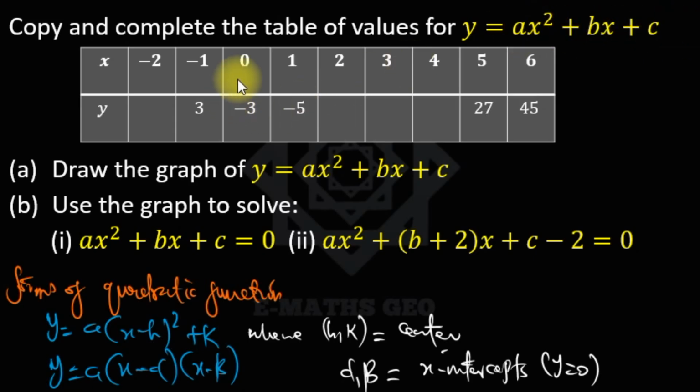If we choose x equals 0, y is minus 3. You see that y is minus 3 when x is 0.